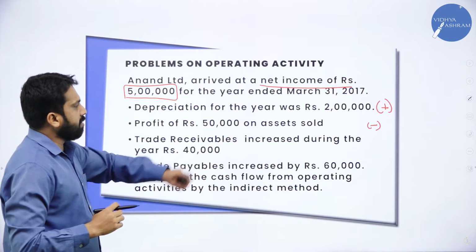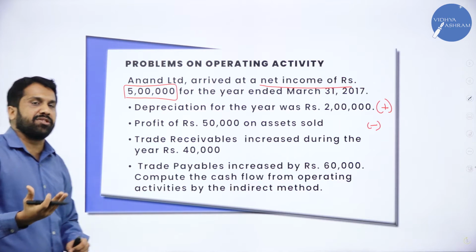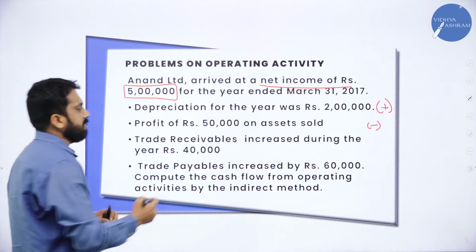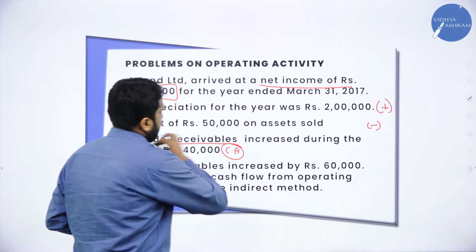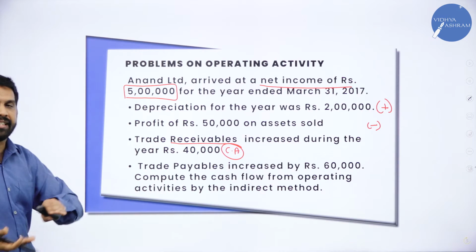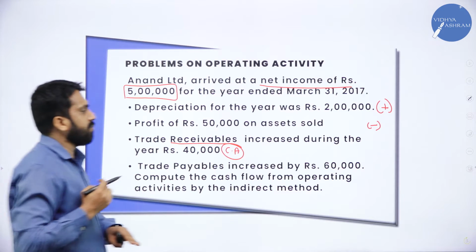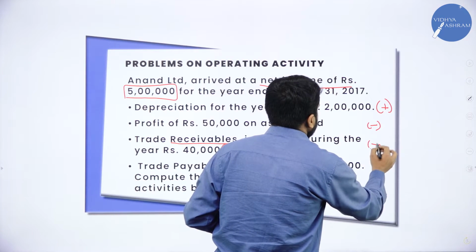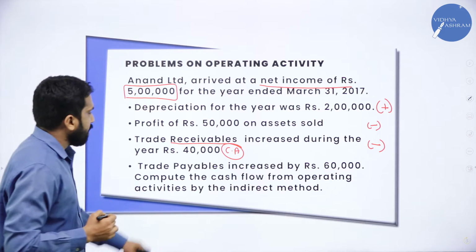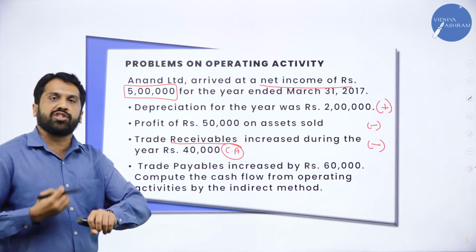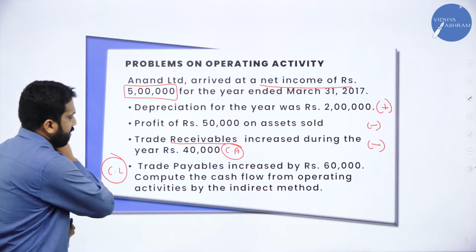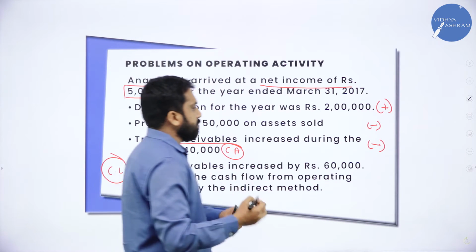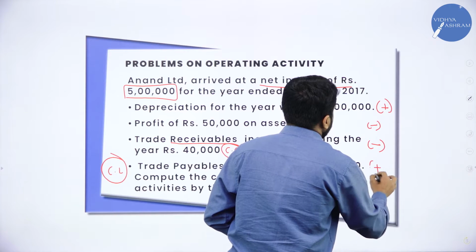Trade receivable increased. Trade receivable means anything which is receivable, we call it a current asset. Current asset increased means minus. Similarly, trade payable: anything which is payable, we call it a current liability. Increased means simple, we should add.